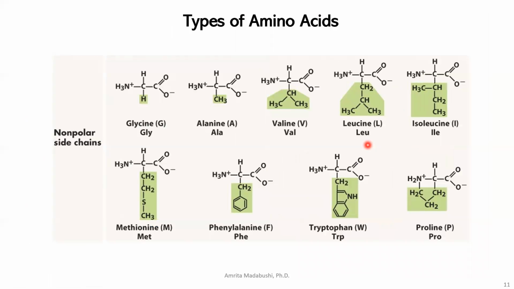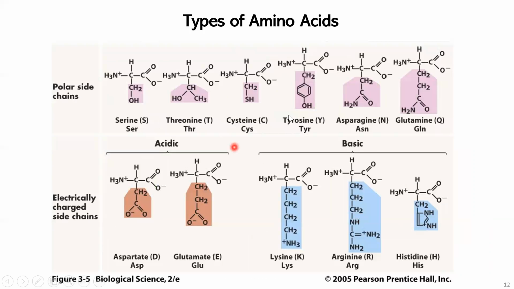These are just illustrations of different amino acids, and this page shows exactly the same point. All the carbon chain ones are non-polar. All the purple ones here, which have OH and NH2 respectively, are polar. And then there are some electrically charged ones, either acidic or basic.